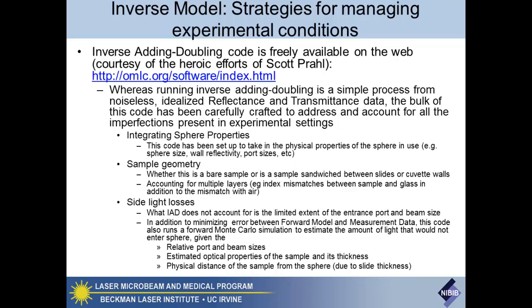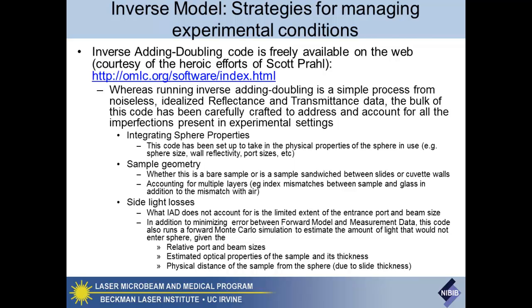And the last thing, and this is probably the most computationally heavy aspect of the code itself, is that you have to remember that this is not an idealized system. You don't have a sample of infinite lateral extent. Your integrating sphere entrance is not wide enough to measure every single angle or every single photon that goes through your system.